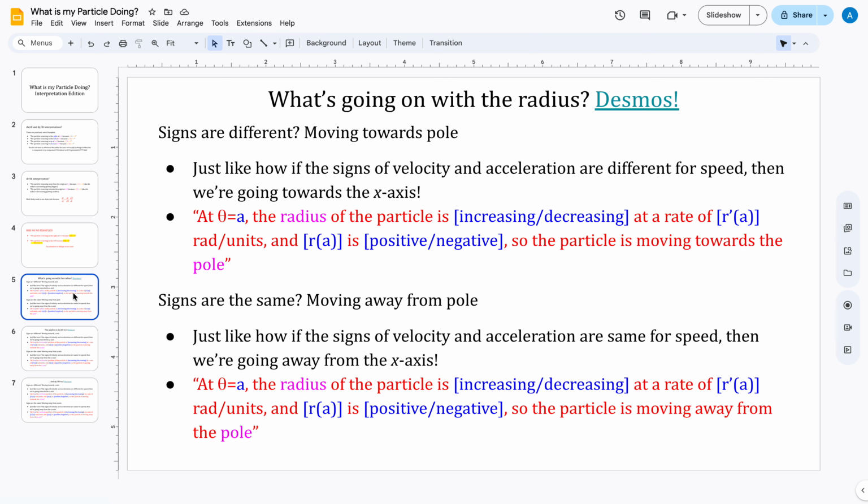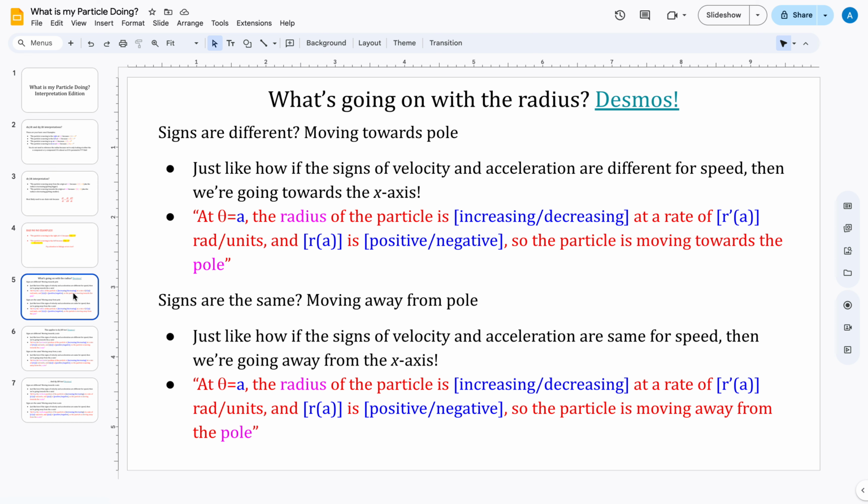Now, whenever we are talking about the radius in terms of theta, so in this case dr/d theta, if the signs are different, we're just moving towards the pole, and if the signs are the same, then we're moving away from the pole. Essentially, it's the same thing with PV in terms of speed, right?